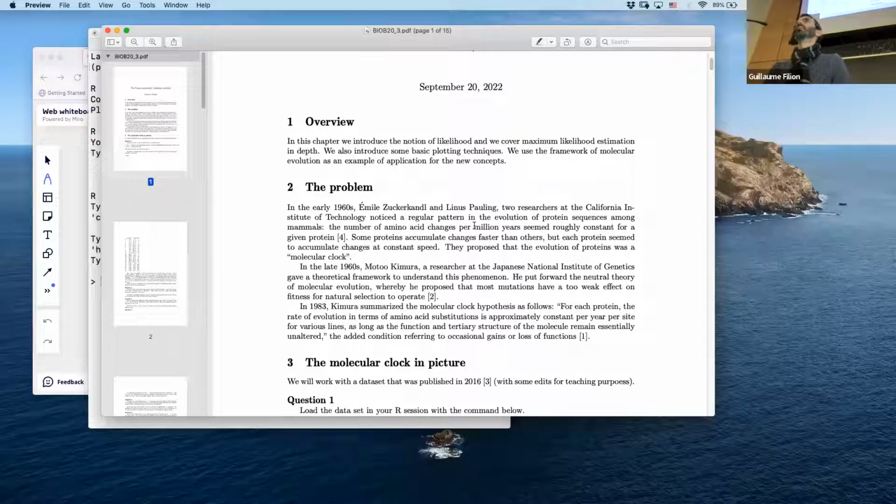Well, the reason is because of the theory of evolution, because of Darwin. There was no reason why the number of changes would be proportional with time. It looked like a species would evolve whenever it needs to. Change happens, like you need to breathe faster, you need to be smaller, you need to be bigger, whatever it is.